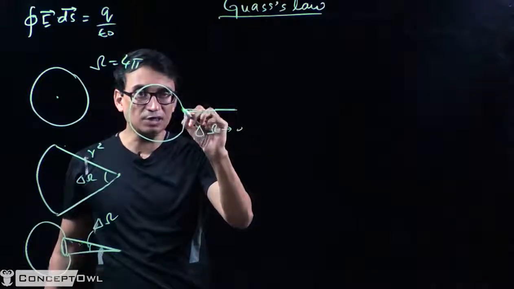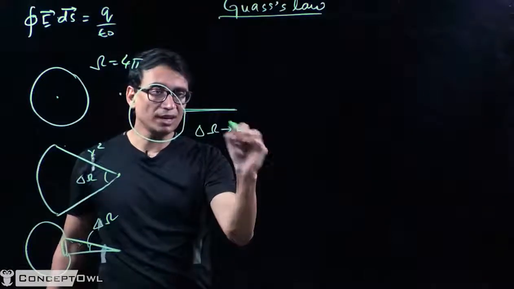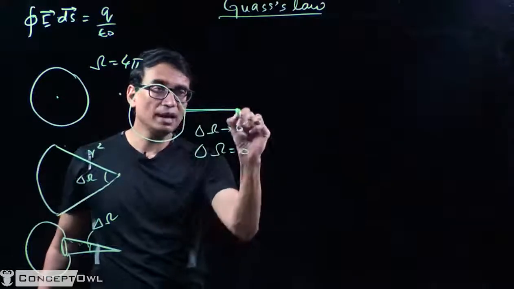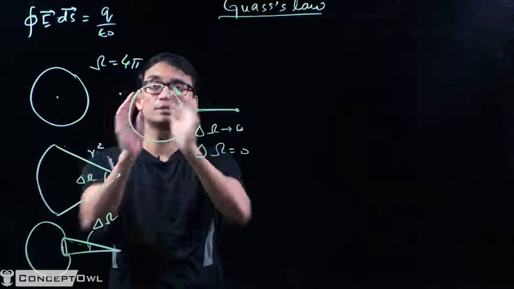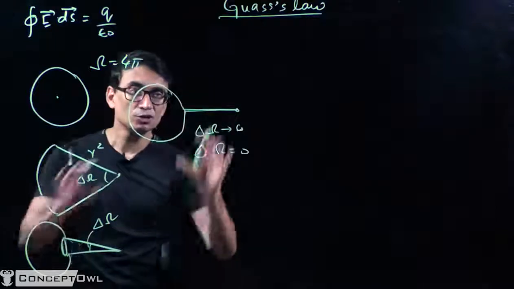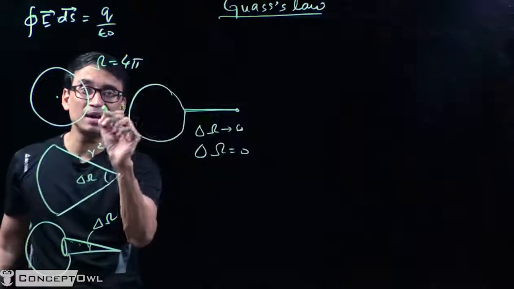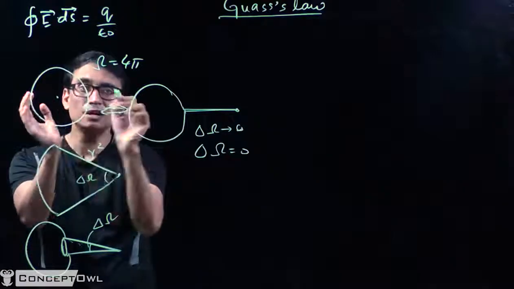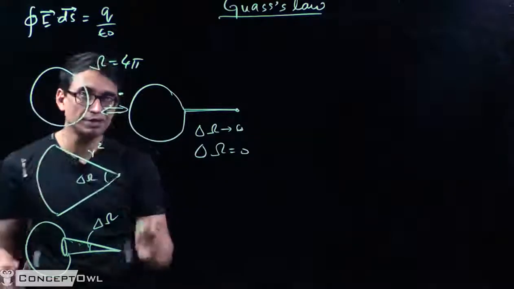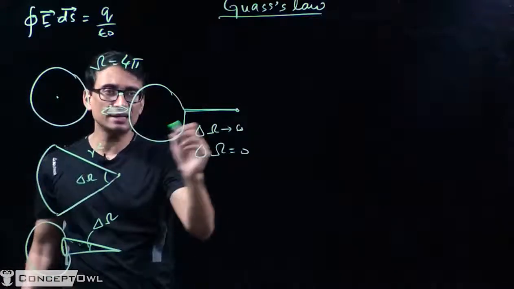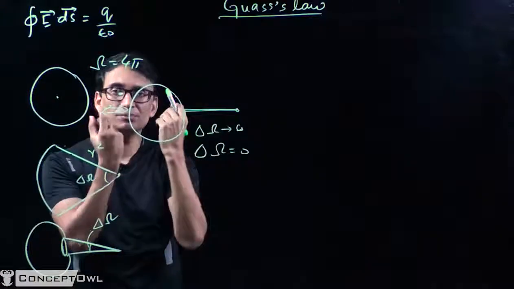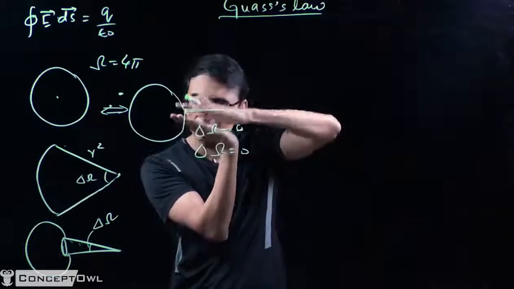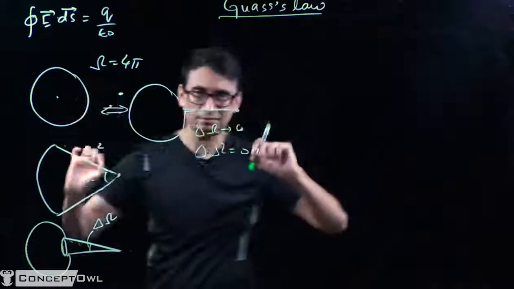When we actually close them, my delta omega has become 0, and this point is now outside this surface. So this scenario is exactly the same as the one where you have a sphere, but your point is outside the surface. So for an outside point, the solid angle subtended is going to become 0. As you can see, the cone has become infinitesimally thin, and then it becomes just a straight line.